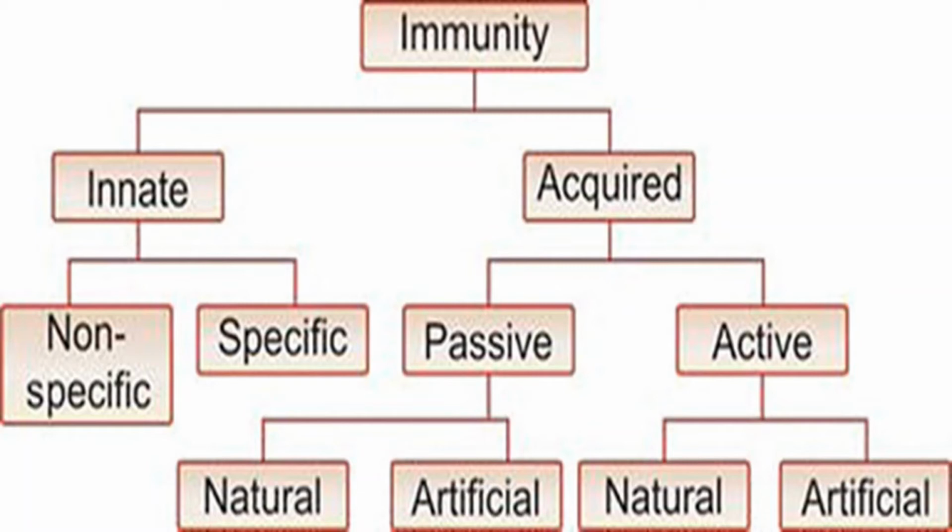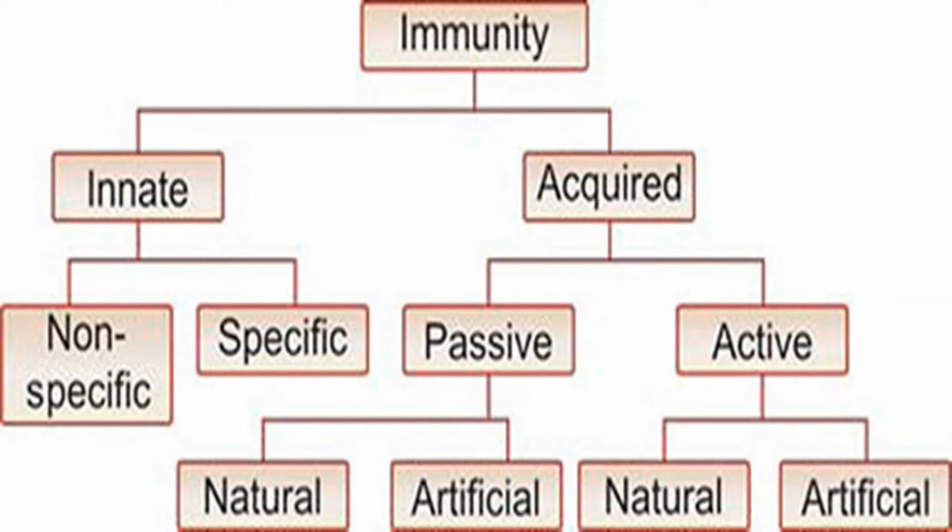And nowadays, in case of COVID 19, we are all saying that we have to boost our innate immunity through intake of various kinds of vitamins and minerals, which can boost our immunity.